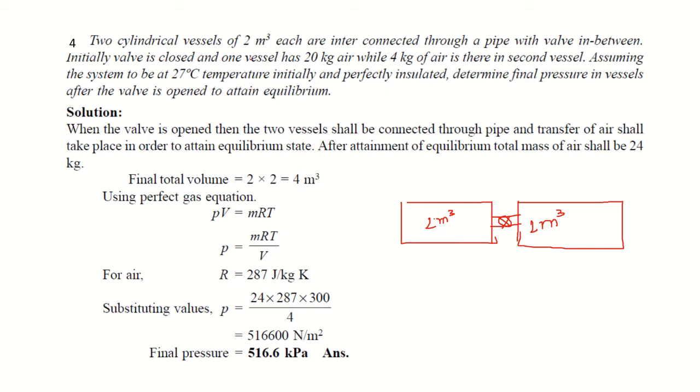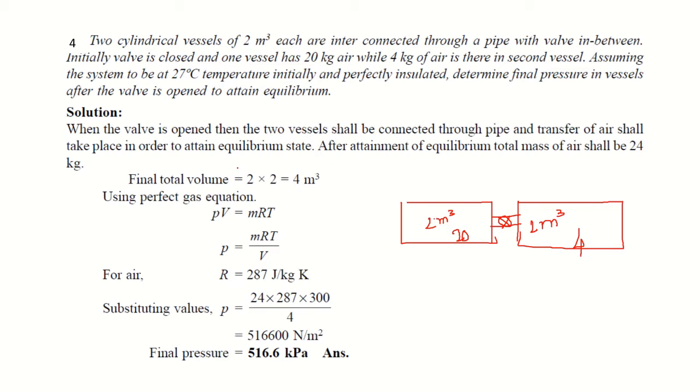Initially, the valve is closed and one vessel has 20 kg of air, while 4 kg of air is there in the second vessel. Assuming the system to be at 27 degrees Celsius initially and perfectly insulated, determine the final pressure in vessels after the valve is open to attain equilibrium.